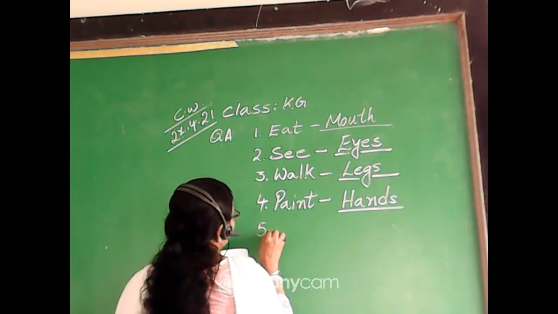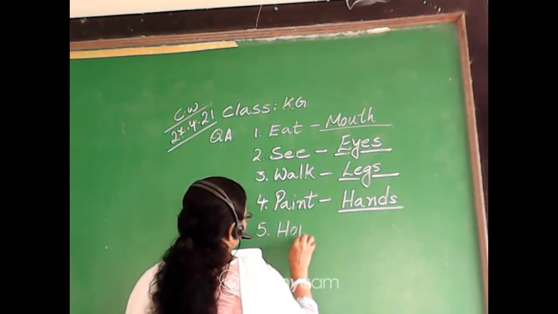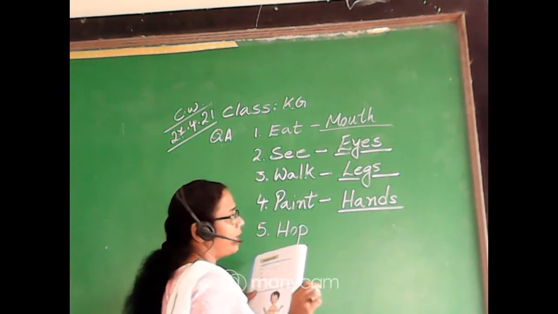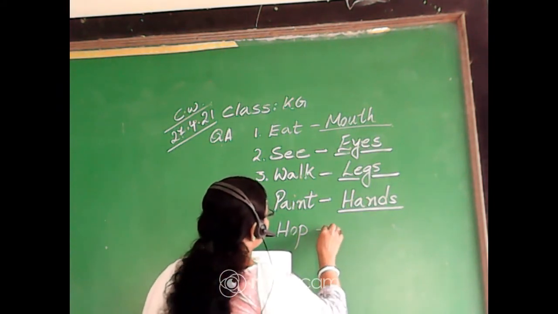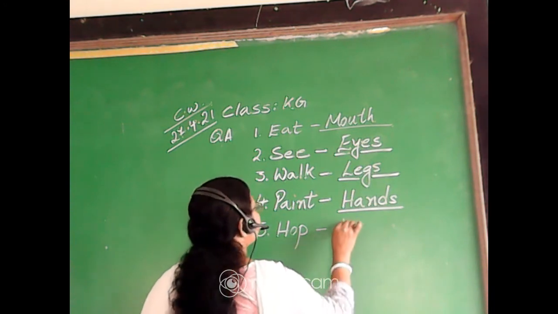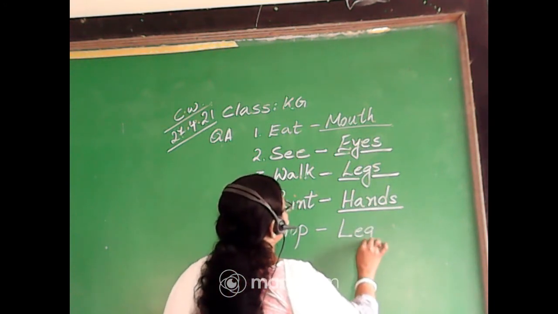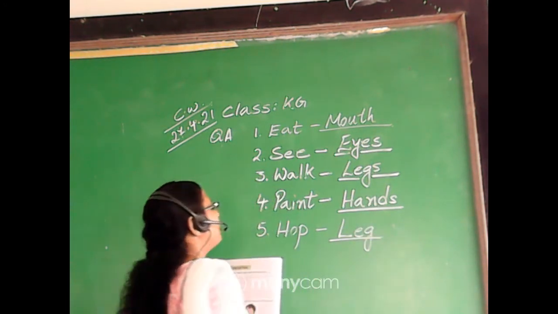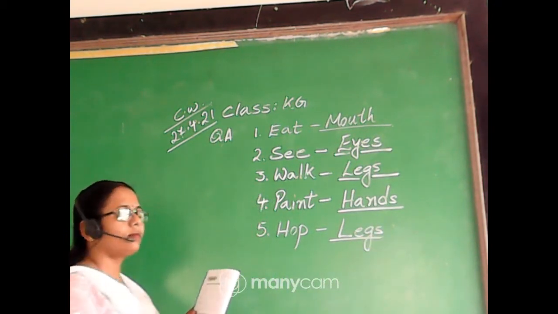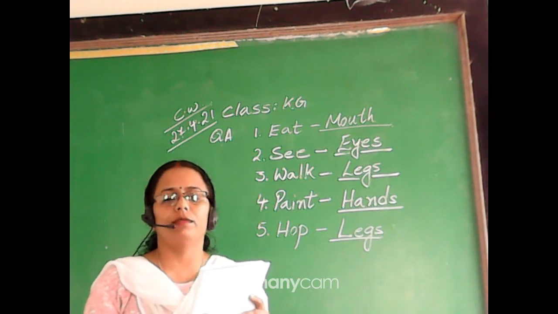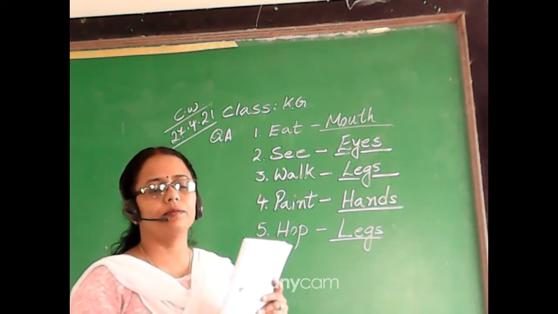5, hop. Hopping means jumping, like frogs and deers, kangaroo. So hop, we use our legs to hop.